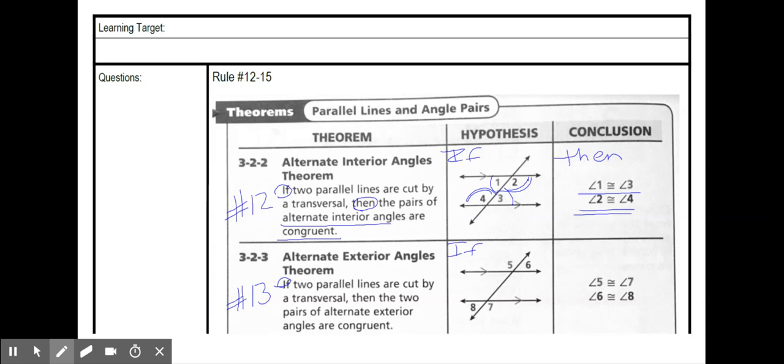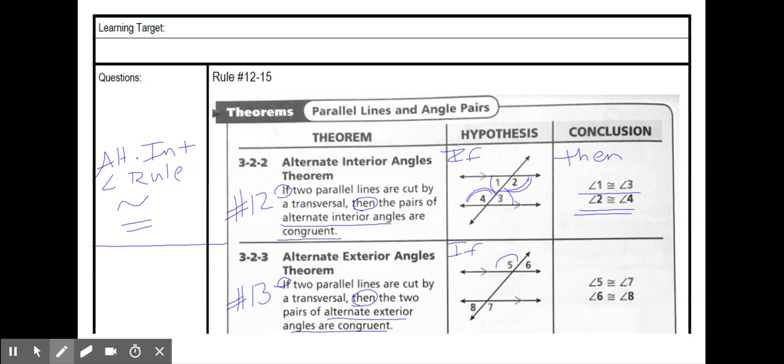Okay, let's give ourselves a little note here. So alternate interior angle rule, good news is that they are congruent. Let's see if our exterior angle pairs are the same. So if two parallel lines are cut by a transversal, then two pairs of alternate exterior angles are also congruent.